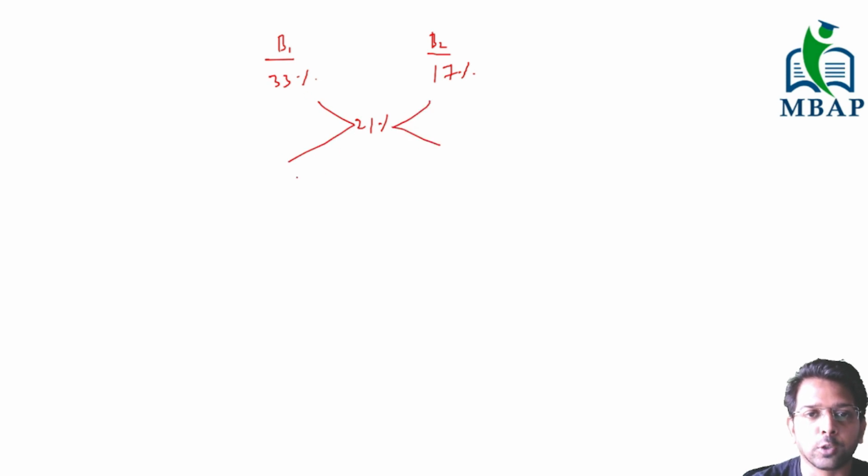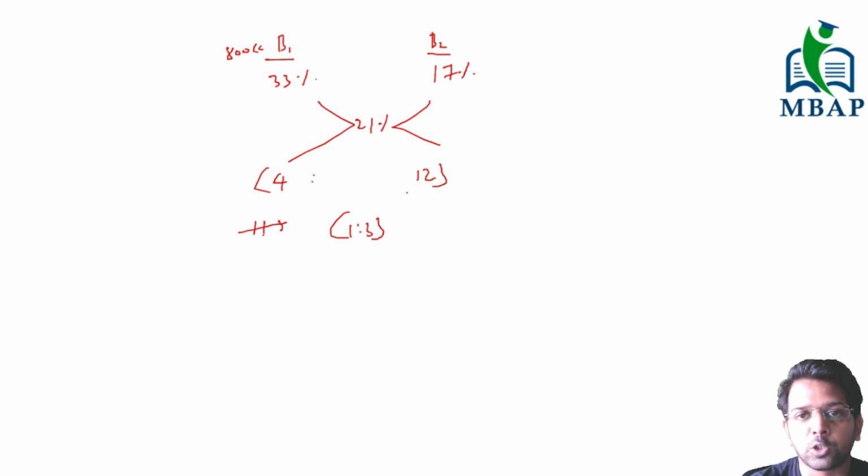Now in what ratio should they have been mixed? The ratio would be 4:12, which means 1 part is to 3 parts. I repeat, 1 part of bottle 1, which has a concentration of 33%, should be mixed with 3 parts of bottle 2, which has 17% concentration, to come to an average of 21% for the 800 cc mixture that I have to make.